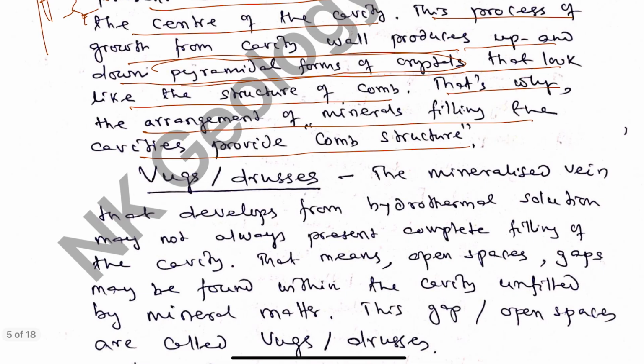So this structure is comb structure, and when the comb structure completely fills the cavity, it gives rise to crustified vein.